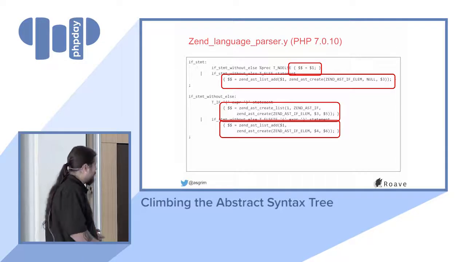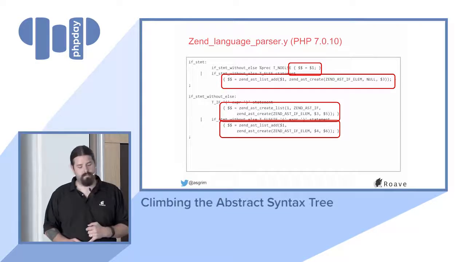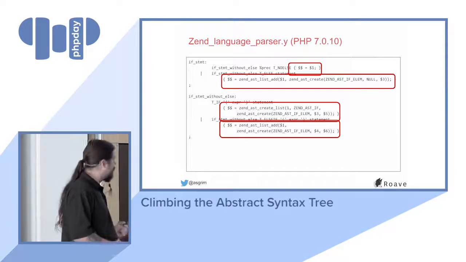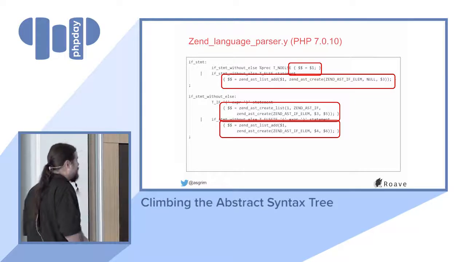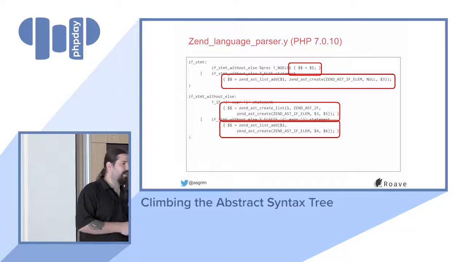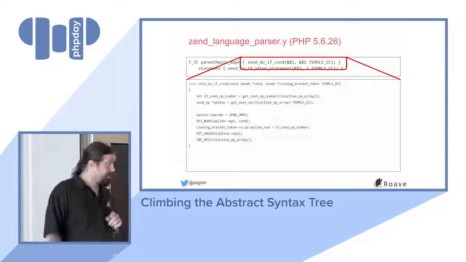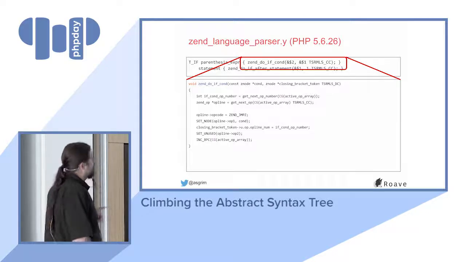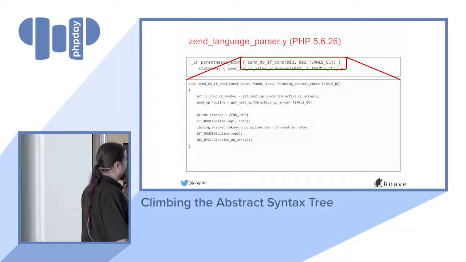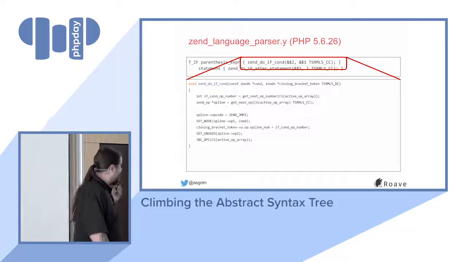Now, there's something important here. This is taken from PHP 7.0.10, but here we can see we're calling these AST functions: zend_ast_list_add, zend_ast_create_list, and so on. And this is what forms the abstract syntax tree. If we have a look at PHP 5.6, this does a zend_do_if_cond function call. Great naming, right?